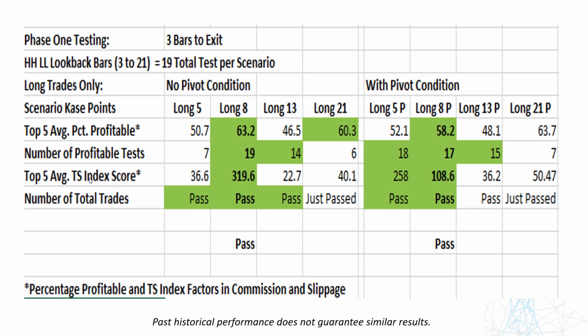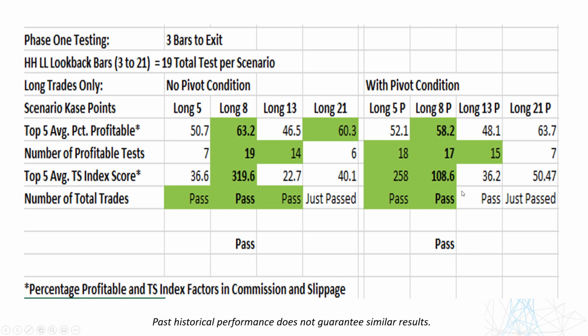One of the things we talked about in the session on Wednesday is the RENA score. Well, I don't have the RENA score to compare strategy scenarios in the optimization report, but I do have the TS index, which is very similar in the calculation. I want to have a really good TS index score, and I can compare all of the scenarios based on that index score, and that no pivot condition using an 8-point Kase bar was the best index score of all of them.